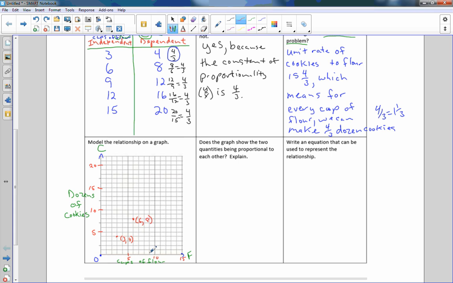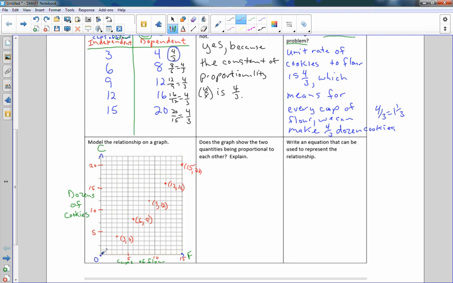Go over to 9, up to 10, and 2 more is 12, and that's 9, 12. Go over to 12, go up to 16, right here, and that is the point 12, comma, 16. And finally 15, go up to 20, and it's right here, 15, comma, 20.